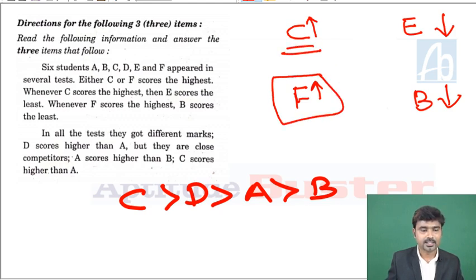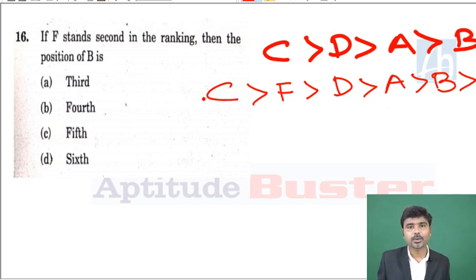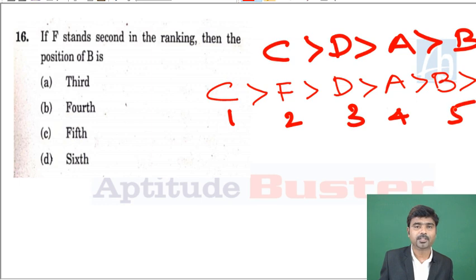If C is highest, then E should be the lowest. If you rank from highest to lowest, first rank, second rank, third rank, fourth rank, fifth rank. The rank of B is fifth rank. The answer is choice C.